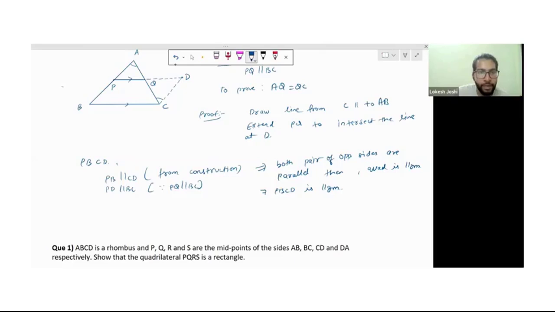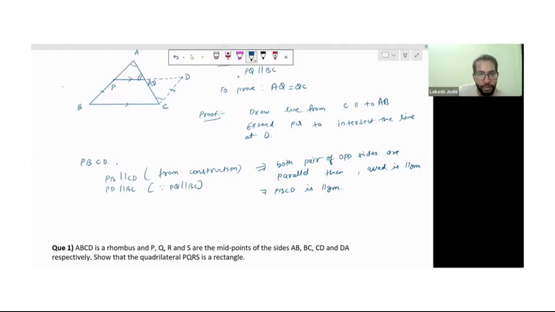And in the parallelogram, as opposite sides are equal, I can say PB is equal to CD also. One more thing, these two angles are vertically opposite angles, so they should also be equal. So now, according to the angle-side congruence, we can say these two triangles are congruent.